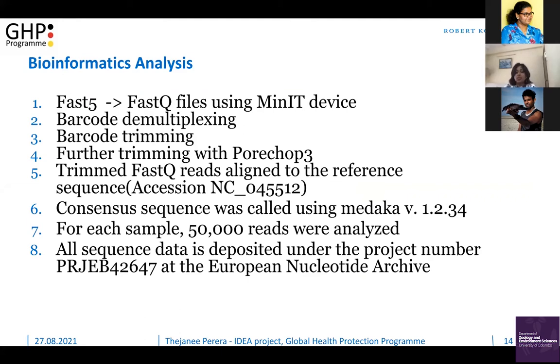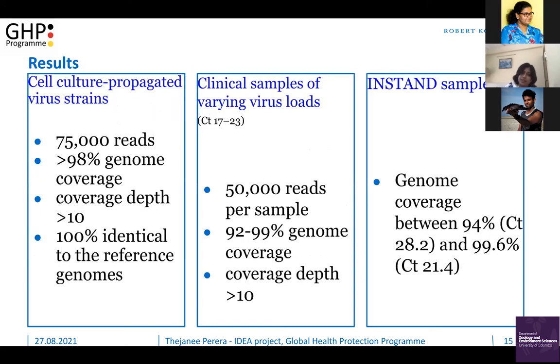And then the trimmed FASTQ reads were aligned to the reference sequence, and the consensus sequence was called using Medaka. For each sample, they generated 50,000 reads, and all the sequence data you can find at the European Nucleotide Archive.